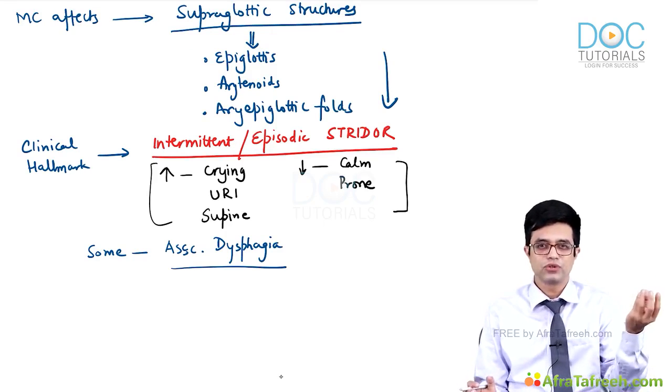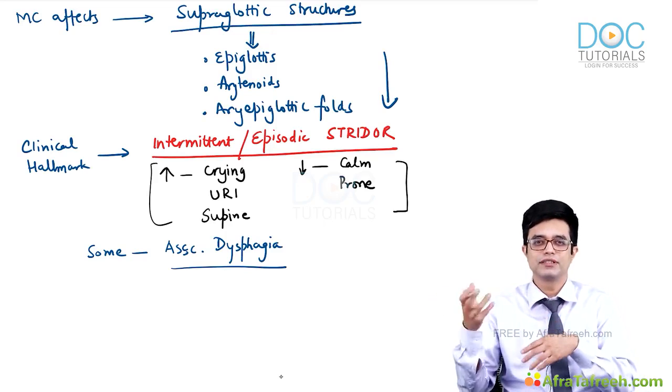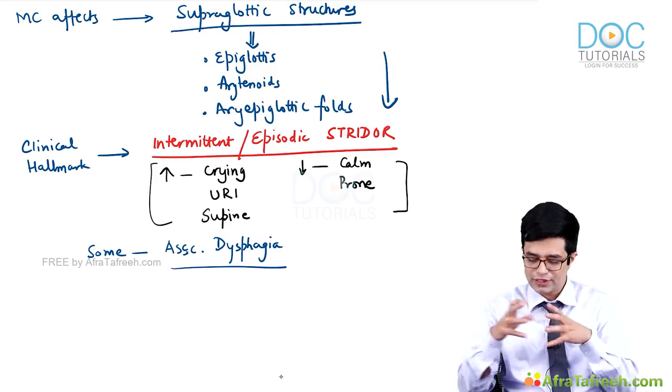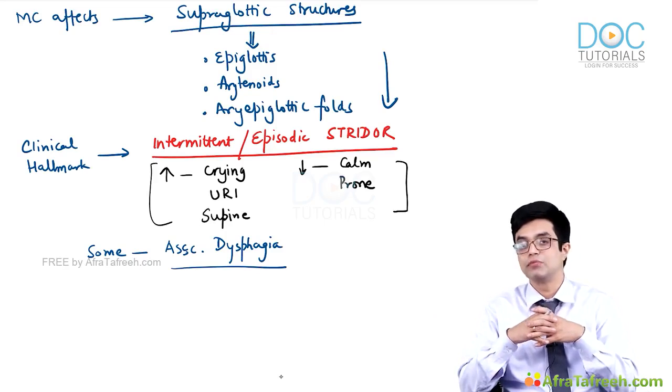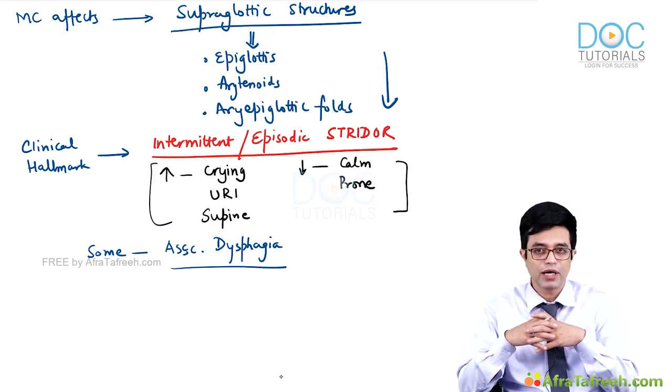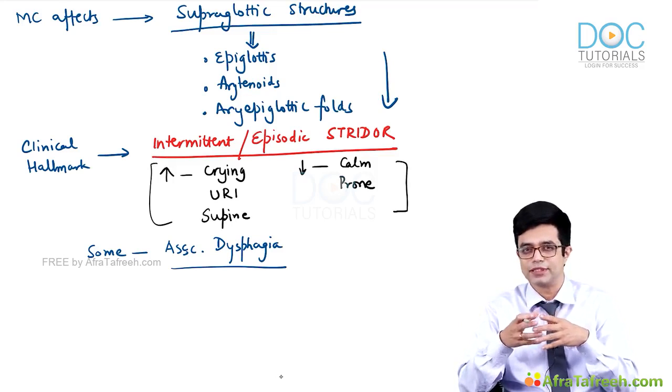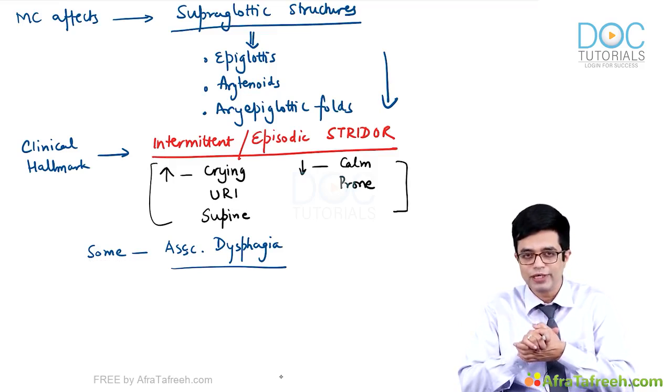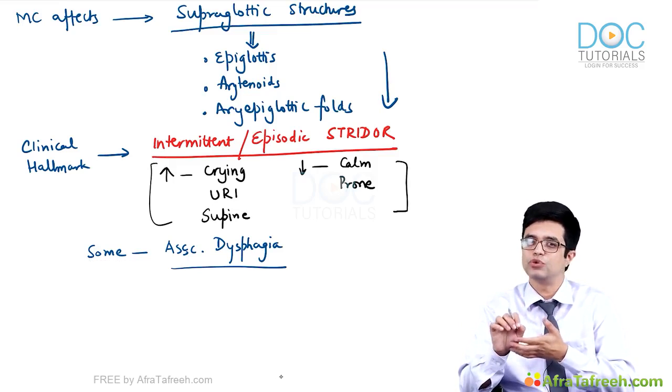The larynx has decreased tone, and correspondingly the esophagus tends to show some motility problems, so associated dysphagia can sometimes be seen, but it is not the defining part and is in fact not always present. What we always see in laryngomalacia is intermittent or episodic stridor.